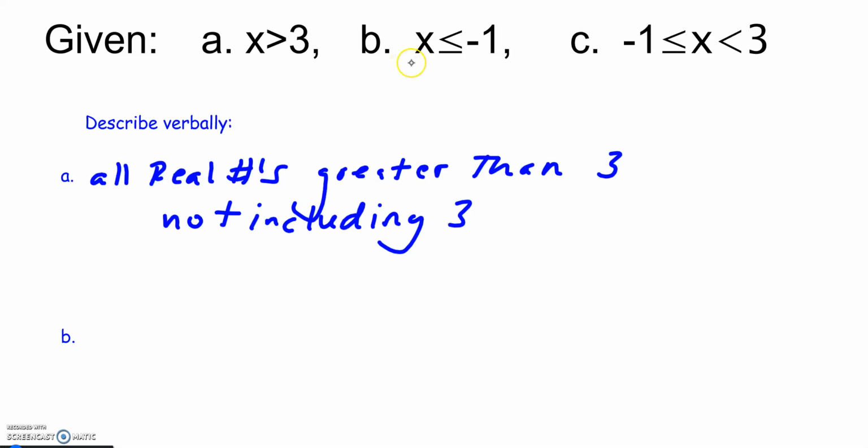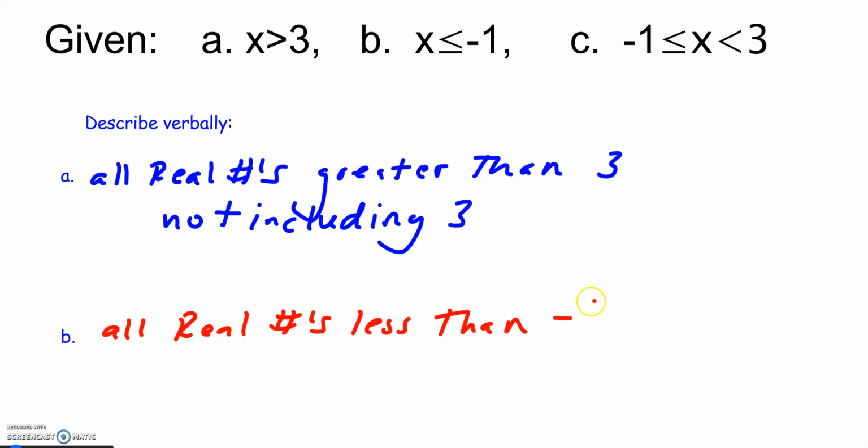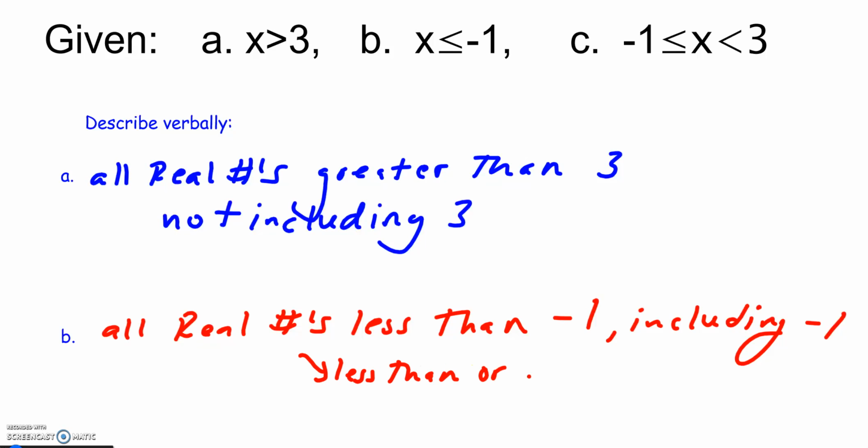Part B is all real numbers less than -1. You could say including -1. You could also say all real numbers less than or equal to -1.